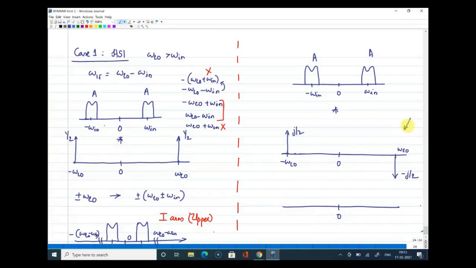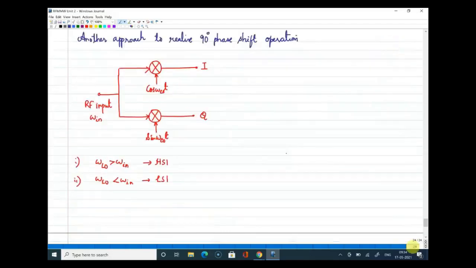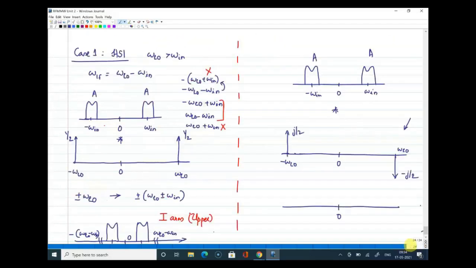When I reverse this, the first component coming from the left side is j by 2 at minus omega LO. That signal I run through the top signal, and the first product I get is minus omega LO minus omega in, with an amplitude of ja by 2.